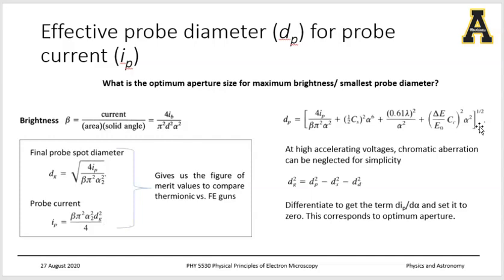But before we get into that, let's do a quick recap. So here is your brightness equation, and we have already seen these equations in the last class, where dG is inversely related to the brightness and is directly related to the probe current. So if you have a larger probe current, you have a larger probe diameter, right? You can rewrite that equation here, where the probe current is directly proportional to the brightness.